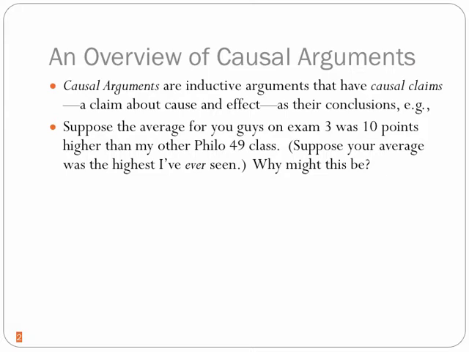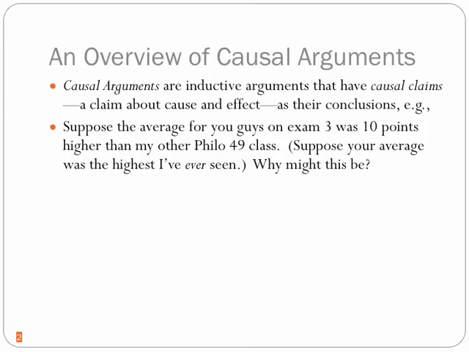Let's say that this unprecedented average was one that I had never seen before. So what could explain one section of a class I'm teaching doing better than all the other sections of the term, and even better than all the sections I've ever taught?